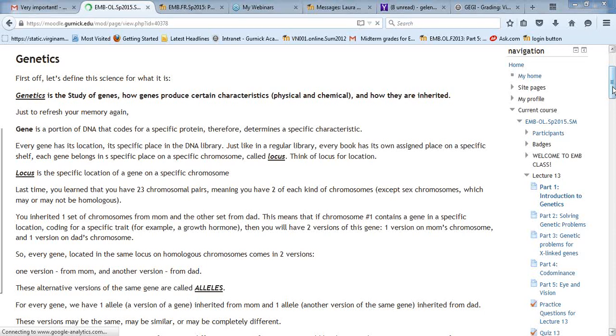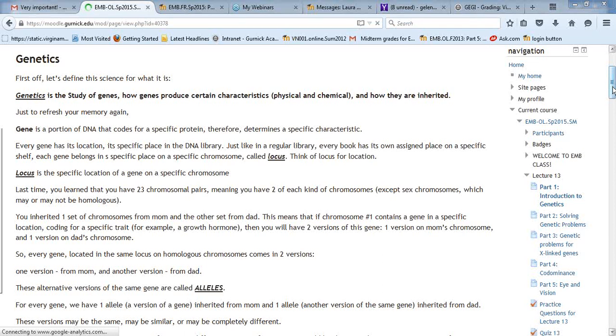Okay, so just to understand what we're talking about, a gene, remember, is a portion of DNA that codes for a specific protein and therefore determines a specific characteristic or trait. Every gene has its own location in the DNA library, just like every book has its place in the library, every gene has its place in your genome.